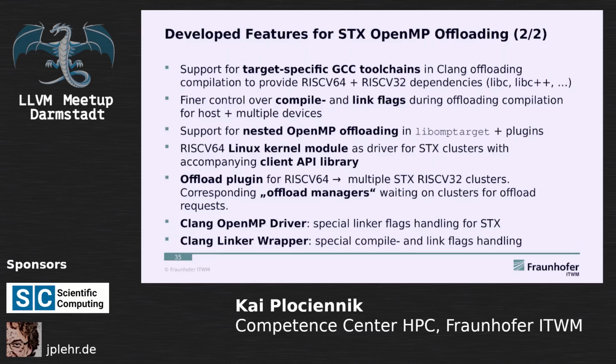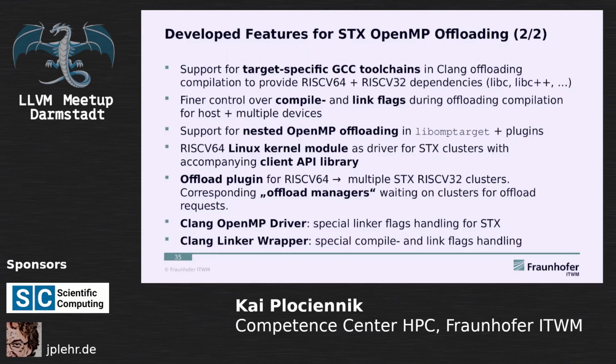We needed very fine control over compile and link flags during offload compilation. We needed to implement nested OpenMP offloading in libomptarget and the plugins. Implement a Linux kernel module as a driver for the STX cluster for RISC-V 64. Of course, an offload plugin for our RISC-V 64 host core to the RISC-V 32 clusters.